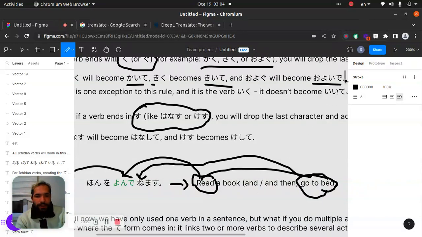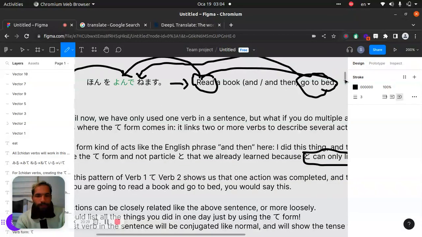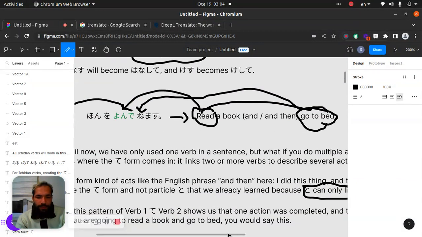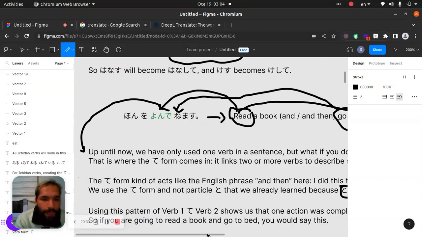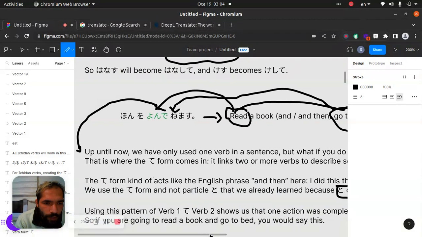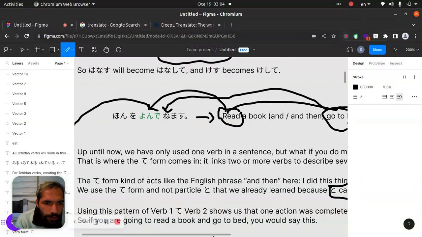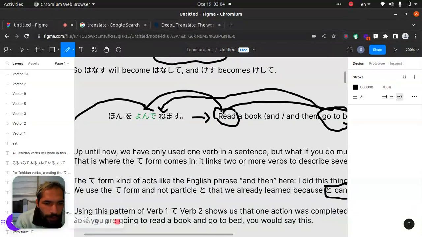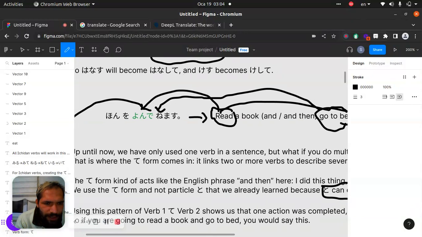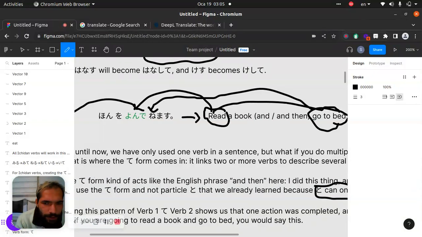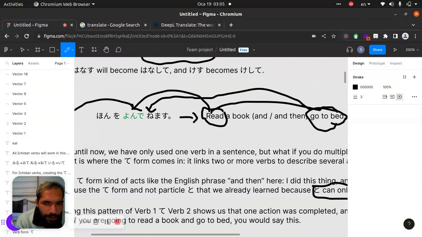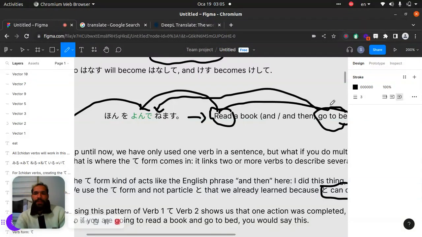Let's check this sentence. There is some information like we can use. Okay, it's saying hon o yonde nemasu. Nemasu, yes, sleep.